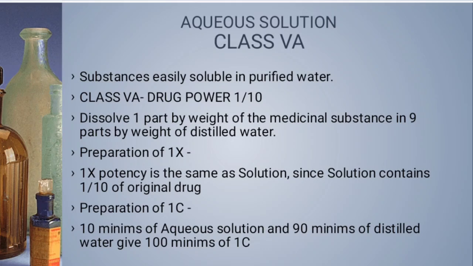So principle means how we will prepare the mother solution. We will take 1 part of the drug substance and 9 parts of the vehicle, meaning we are using purified water as the vehicle. Coming to the basic requirements, first is your drug substance, second is purified water.